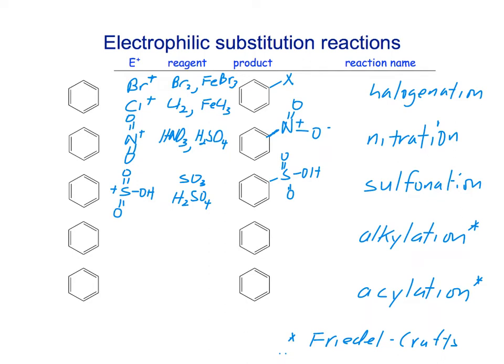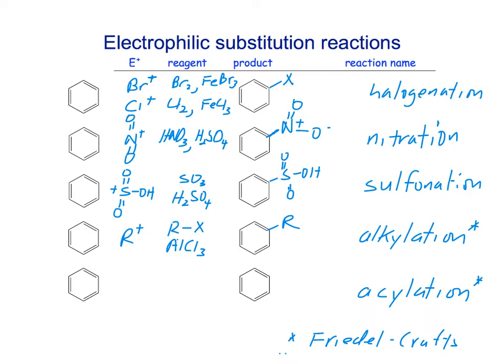So we have the Friedel-Crafts alkylation and the Friedel-Crafts acylation. Okay, the alkylation is going to add an alkyl group onto the benzene ring. The electrophile is going to be a carbocation, and the reagents are going to be an alkyl halide and another Lewis acid, but on these reactions they use aluminum, usually trichloride, as the catalyst. So it's another Lewis acid.